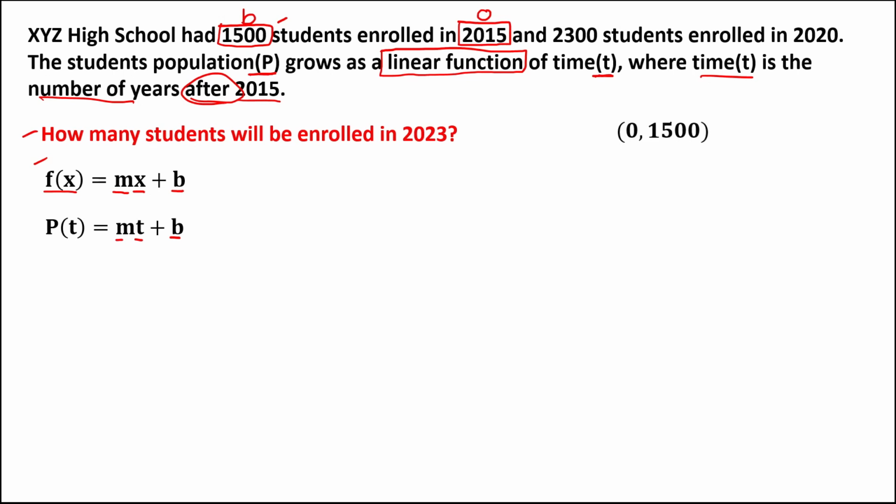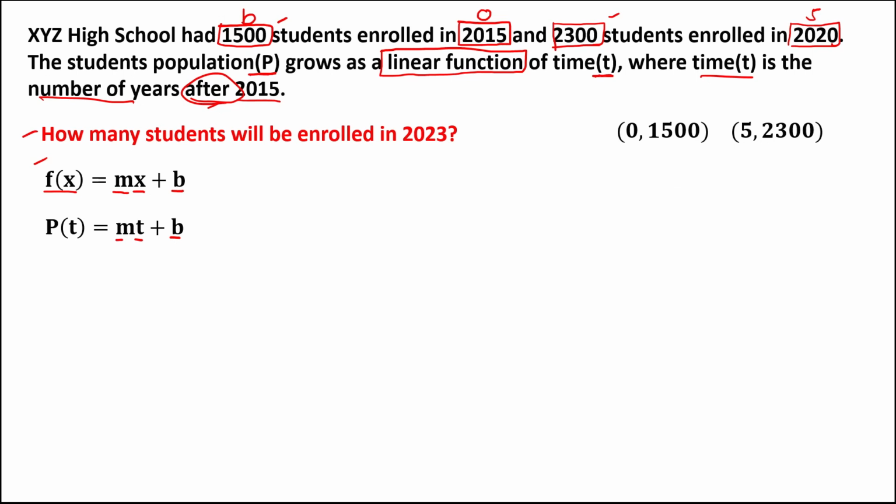Then to find the second coordinate, since we have 2,300 students in 2020, and 2020 is 5 years after 2015, because 2015 plus 5 is 2020, the time is 5 and the population is 2,300. So we have now our second coordinate, 5 and 2,300.